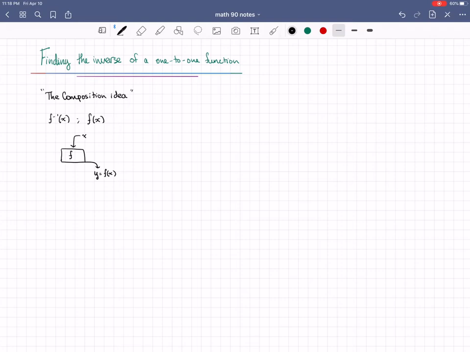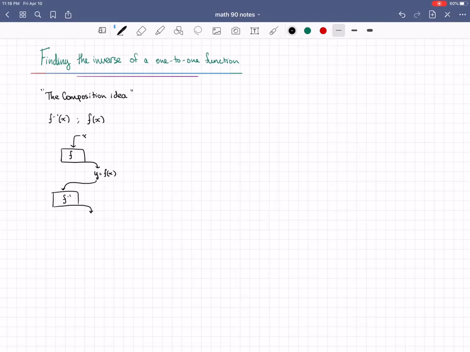So we have had instances where we call the output of a function y. We have had instances where we call the output of a function f of x. They have meant the same thing in different contexts for us. But now, rather than stopping here, again, we're talking about the composition idea, y is now going to go through f inverse. So we're looking to see what happens when you compose f with f inverse.